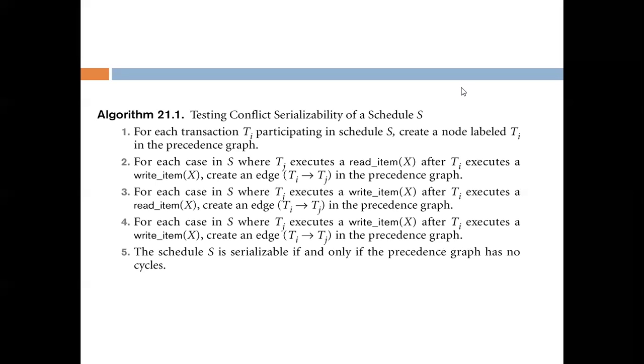After creating such a graph, the schedule is said to be serializable if and only if the precedence graph has no cycles. A graph is said to have a cycle when we start traversing from one node and reach the same node. And here the graph is a directed graph.